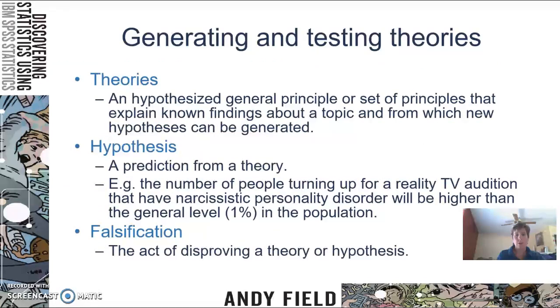All right, so just some terminology. The book goes into this terminology, of course. A theory is a hypothesized general principle or set of principles that explain known findings. So I can theorize that, you know, I'll use my field, for example, people who have spinal cord injury, they theorize that there is what they call a central pattern generator that exists within the spinal column.